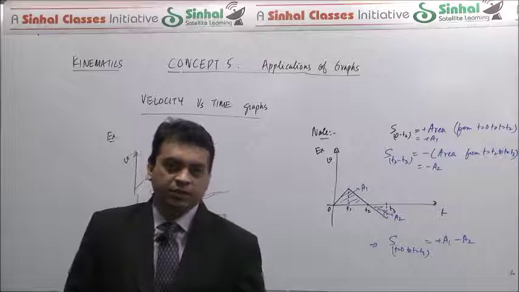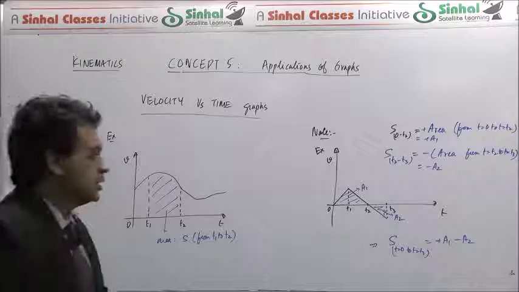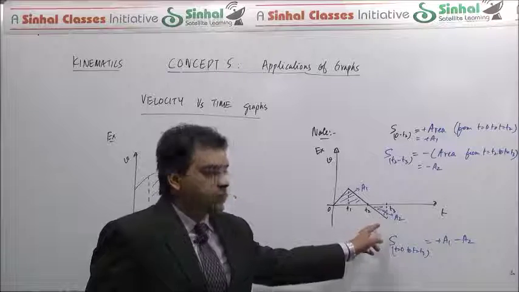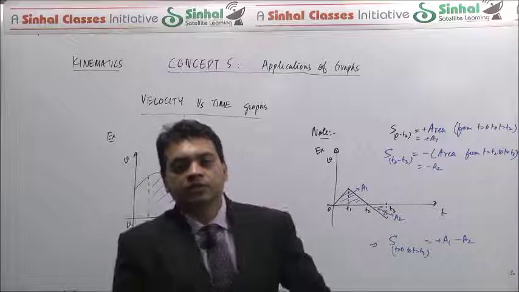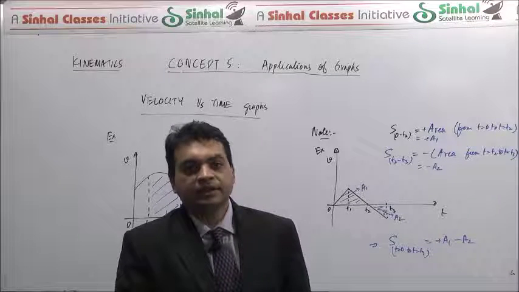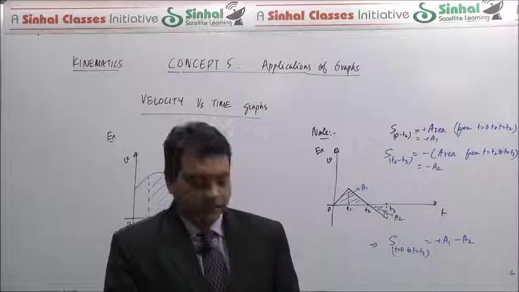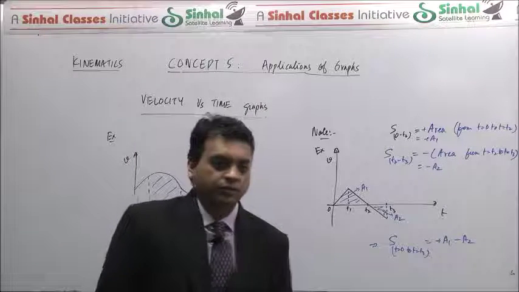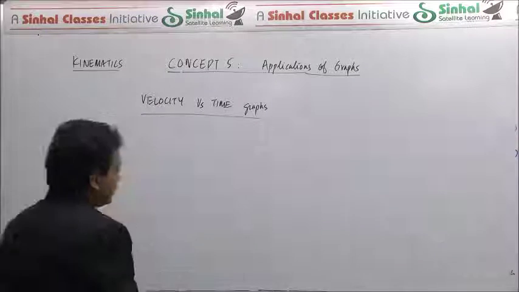So when we are summing up displacement over a range of time where the velocity might be becoming negative at certain instants of time or a certain range of time in between, then the displacement during those intervals where the velocity is becoming negative will become negative of that area. So the net displacement is the summation of the area, but summation considering area as an algebraic quantity with positive and negative sign properly. Okay, so that's just an extra point to keep in mind when we are calculating displacement from velocity time graphs. Some special cases.